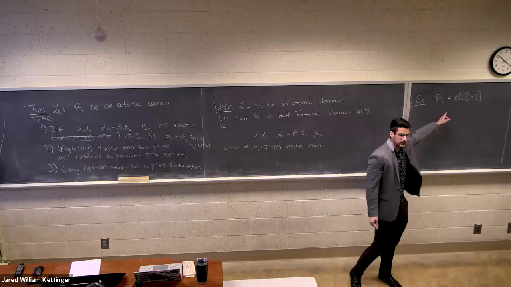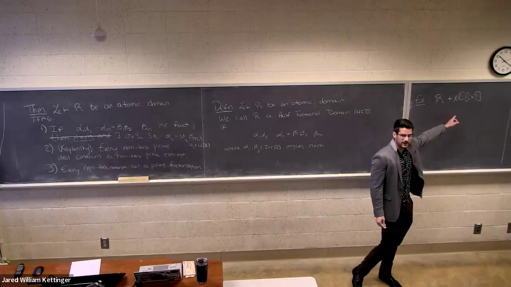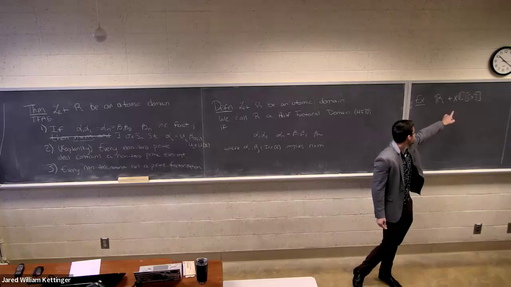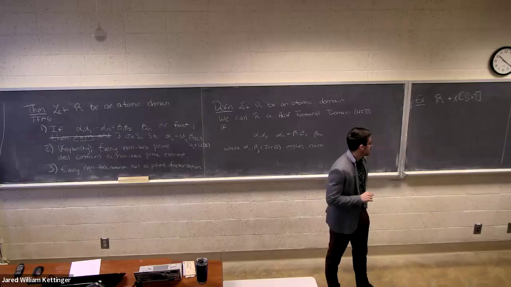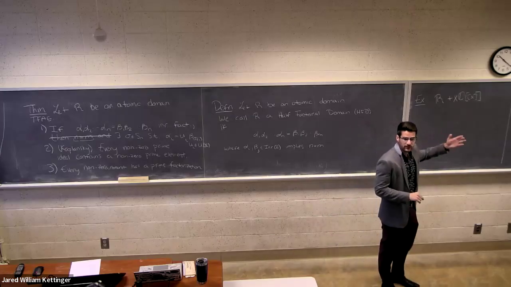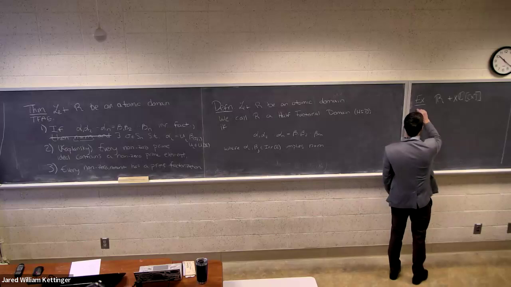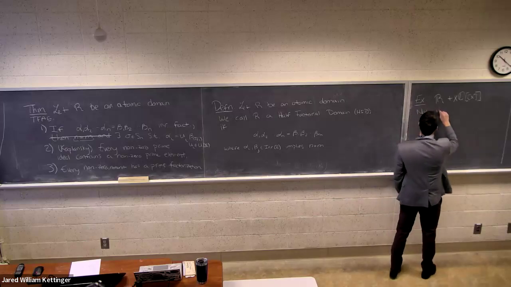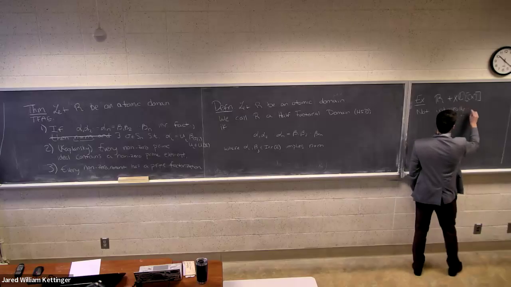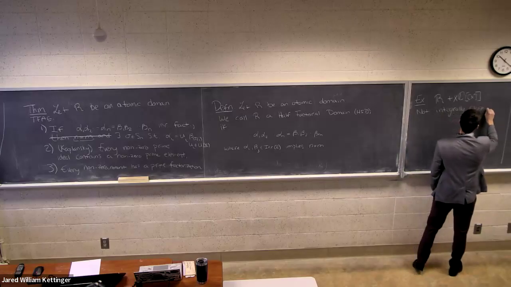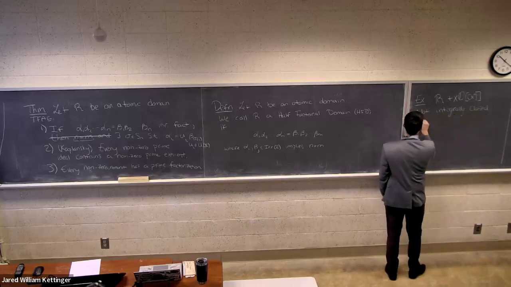This ring is not integrally closed, and I can tell why. i is not in here, but i is integral over this ring. So it's not integrally closed, so this implies non-UFD.